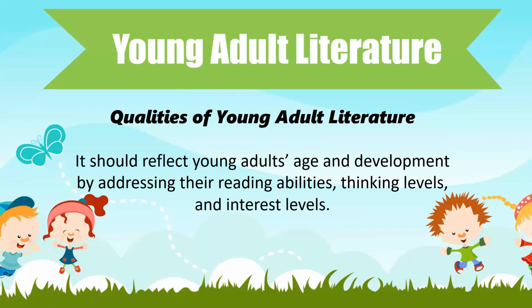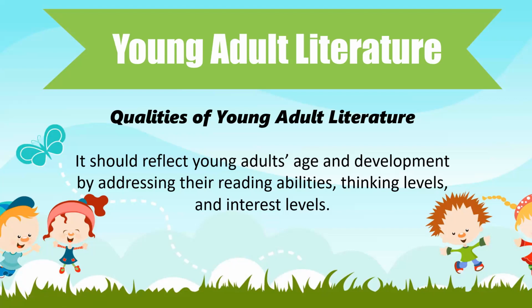It should reflect a young adult's age and development by addressing their reading abilities, thinking levels, and interests. So the difference is the word choices are more complex. The characterization and the plot are more complex than children's literature.